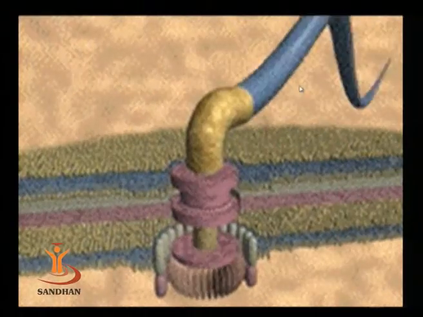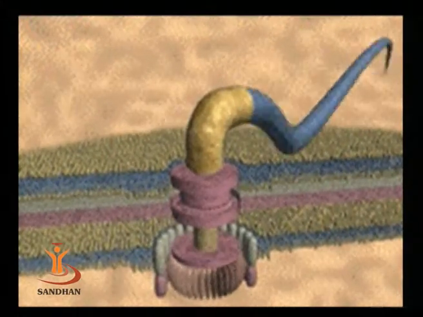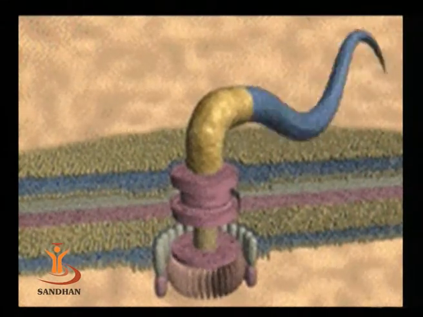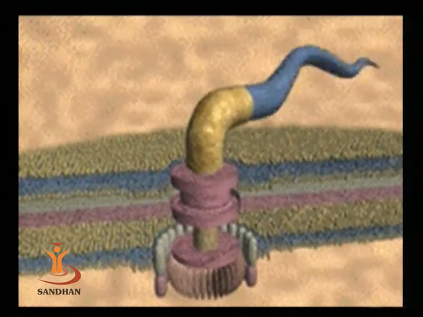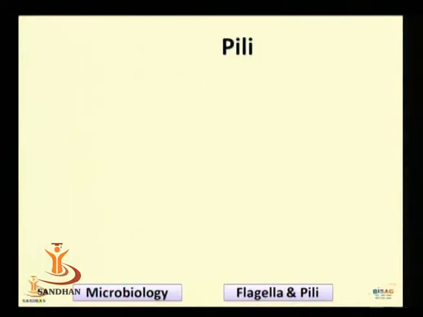We have to remember that at the moment this filament, in this diagram, in this film, the filament was shown moving in clockwise direction. When the bacterial cell has to change the direction, the same filament can stop and also start moving in anti-clockwise direction. That will help the bacterial cell change the direction. At the moment, that should be enough about the bacterial flagella.